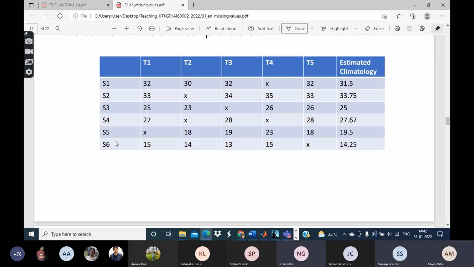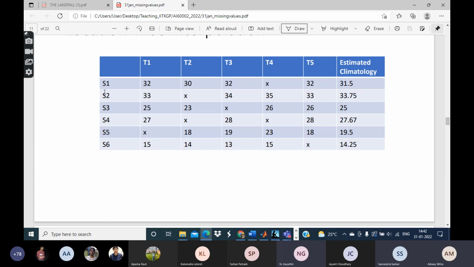But in a typical problem, you may have the coordinates, the latitude, longitude, or some other kind of geophysical coordinates of the locations. Nor do we know the actual values of the timestamps, how much the gap is, etc. That we do not know.